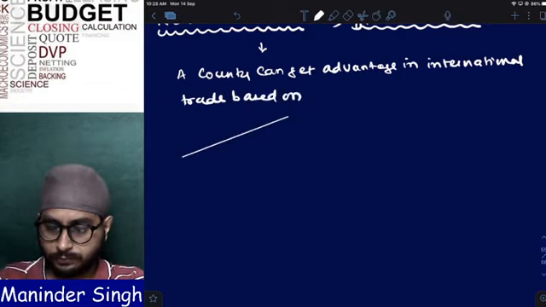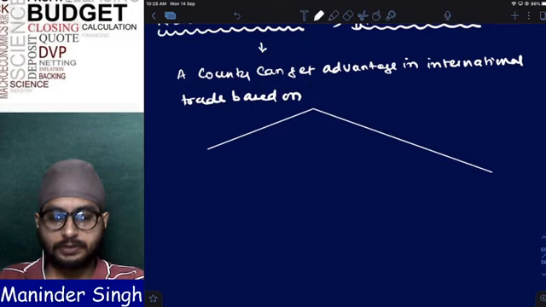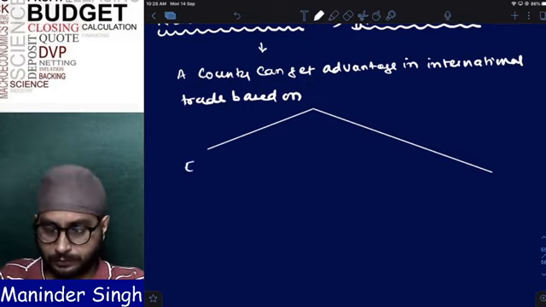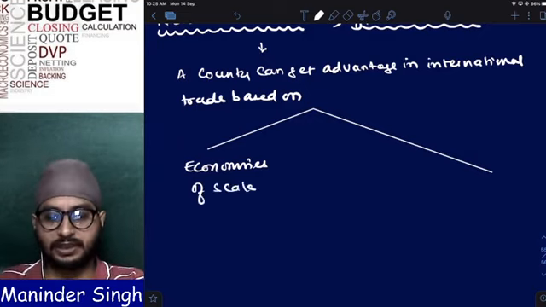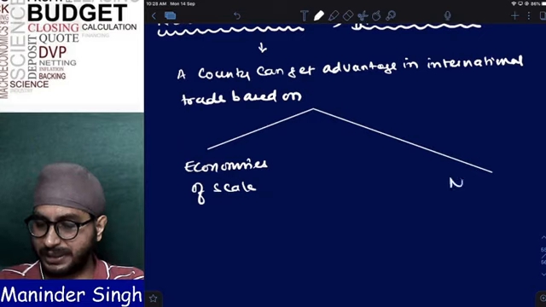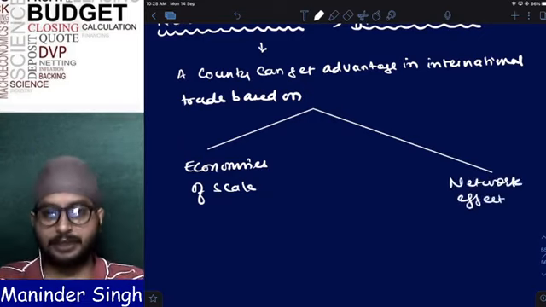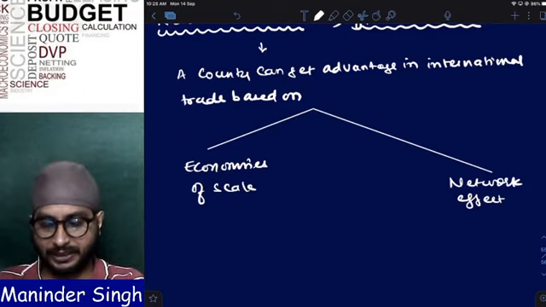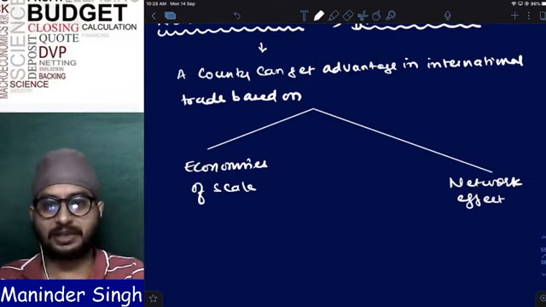The first one is economies of scale, and the second one is network effect. So I can get an advantage in international trade based on economies of scale and network effect.